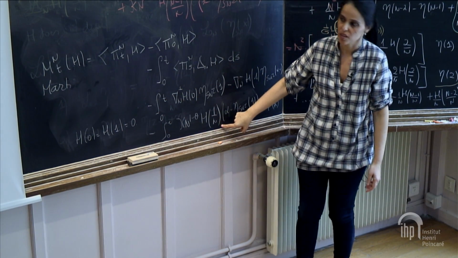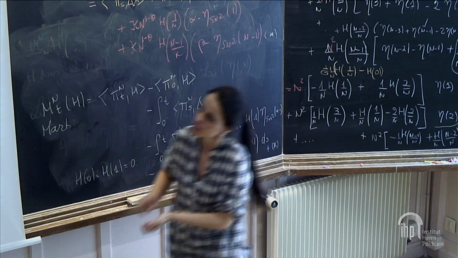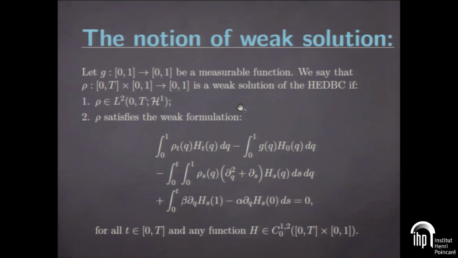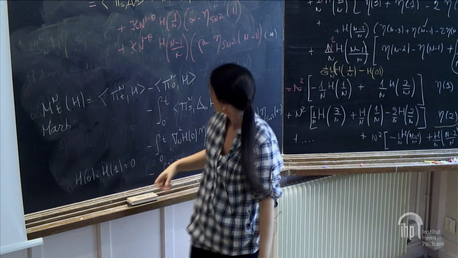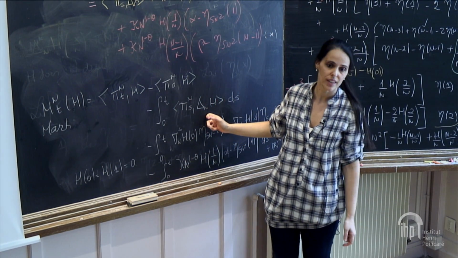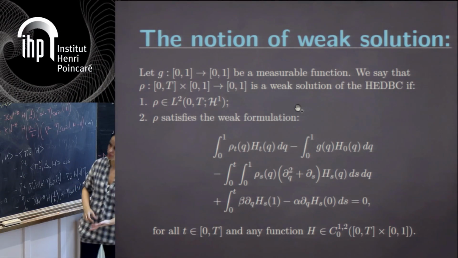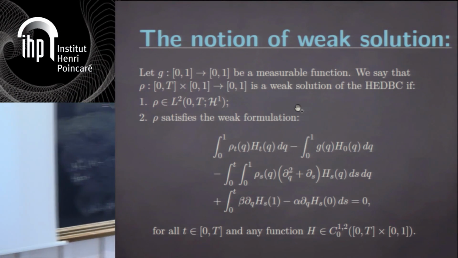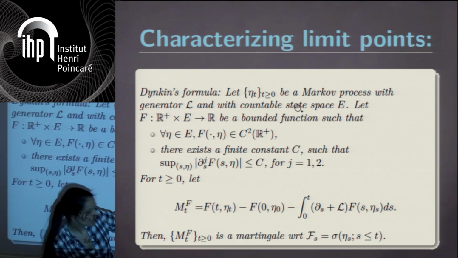So let's look at this term, because you see this term doesn't appear in the equation. There are these two first terms which come from here, this one and this one. The second term with the Laplacian, and if I take a test function which also depends on time, there is an extra term, because if you remember in this Dynkin's formula, there is this term here.